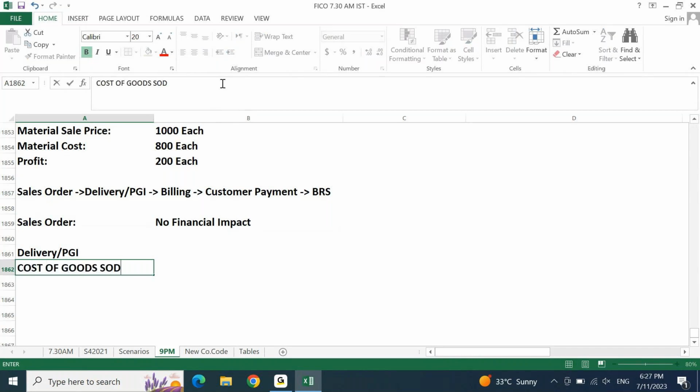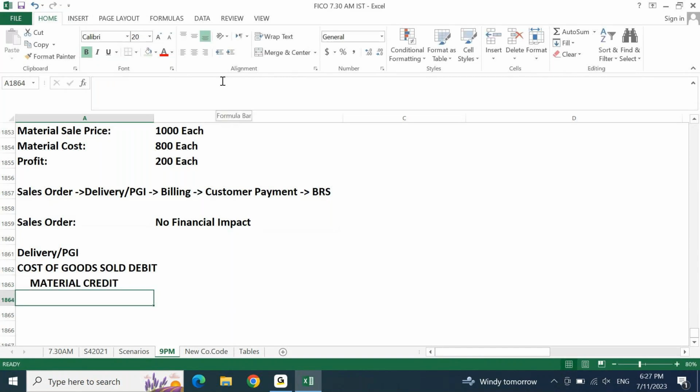Cost of goods sold account will be debit, and your material account will be credit. This is one accounting entry. After this delivery, you are going to perform billing.